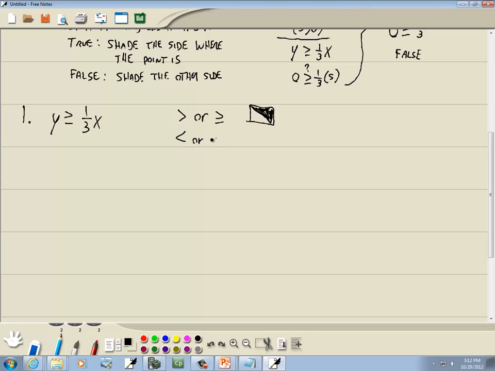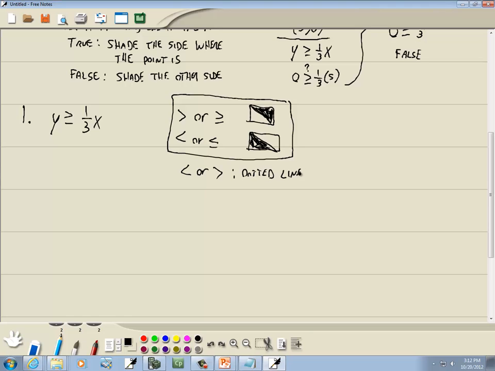If you have a less than or equal to, you're looking at the lower left hand triangle. If you have a less than or greater than, it's going to be a dotted line. The calculator does most of this for you. It just doesn't do the dotted and solid. And if you have a less than or equal to or greater than or equal to, then you'll have a solid line.